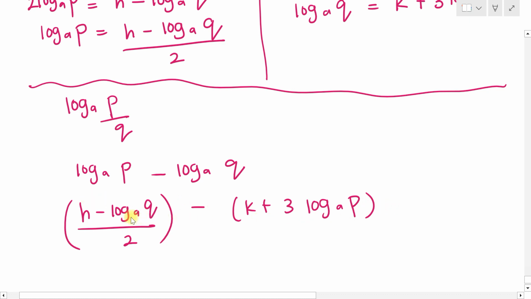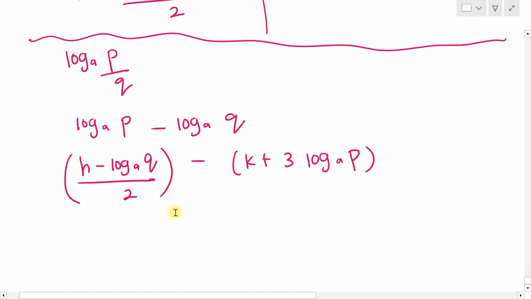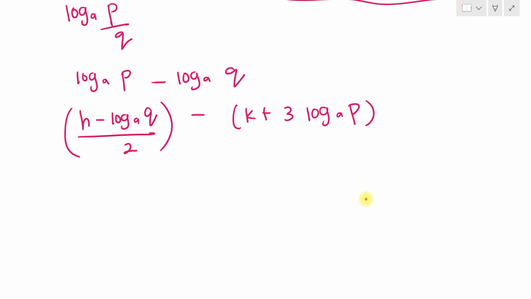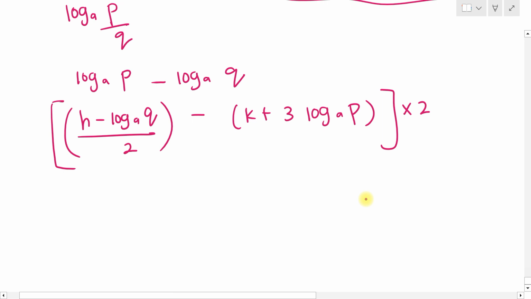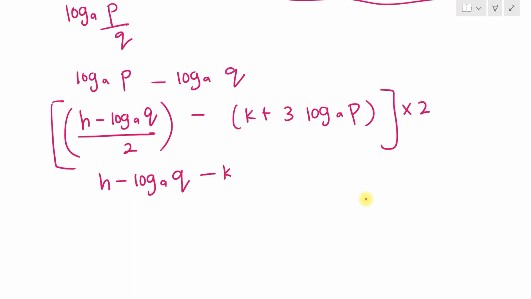Okay, for example if I want to substitute at log a Q, it will be very complicated because already... I think first we make it linear first, then easy for us. Times 2 everything. So get rid of this denominator 2. So H minus log a Q minus K, 2K. Right? I maintain the bracket first. 2K plus 6.